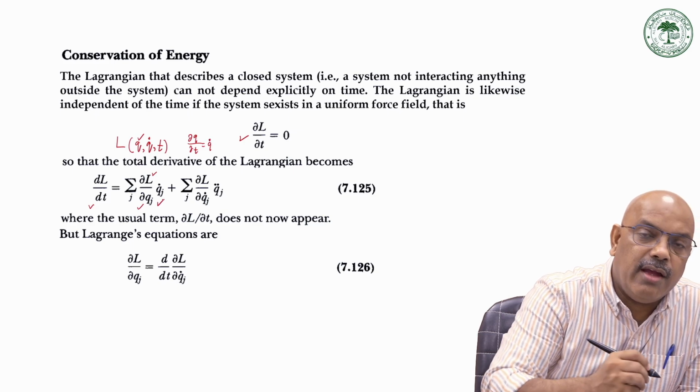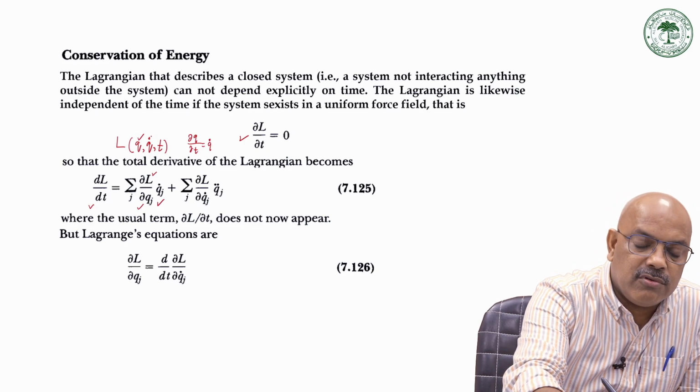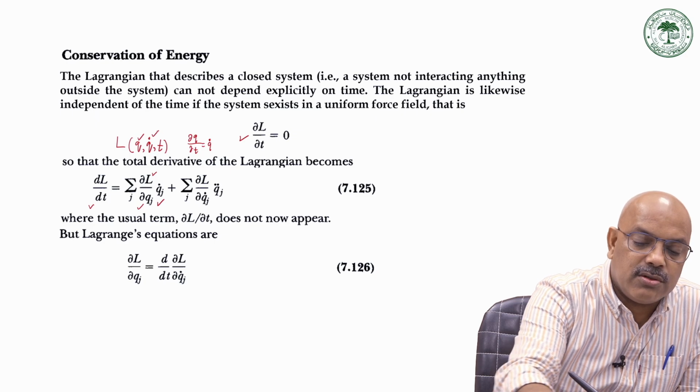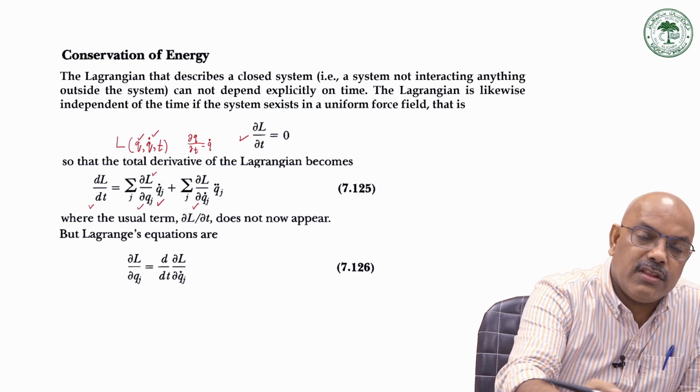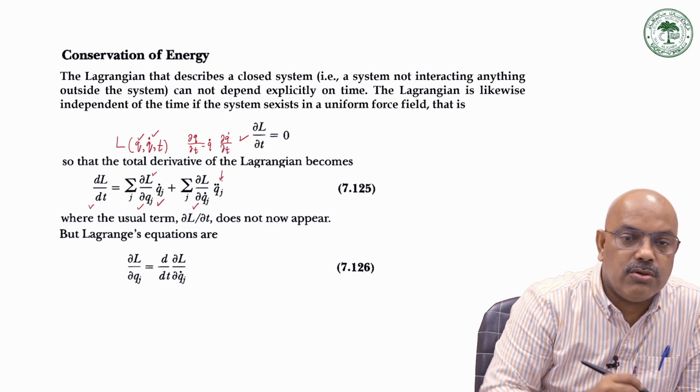Similarly, you have to differentiate L with respect to q dot, and then q dot with respect to t, that is del q dot by del t, and this is going to be my q double dot.